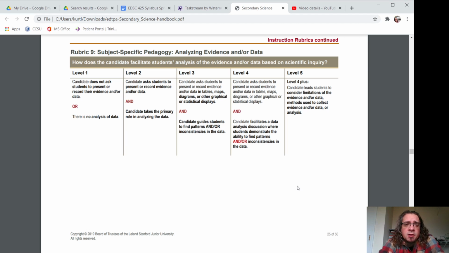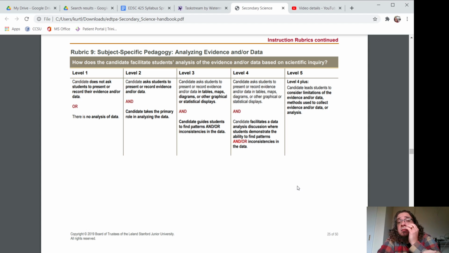So, level 3, candidate asks students to present and record information and or data in tables, maps, diagrams, and other graphical and statistical displays. So that's one. And then the other one here is the and. Candidate guides students to find patterns and or inconsistencies in the data.